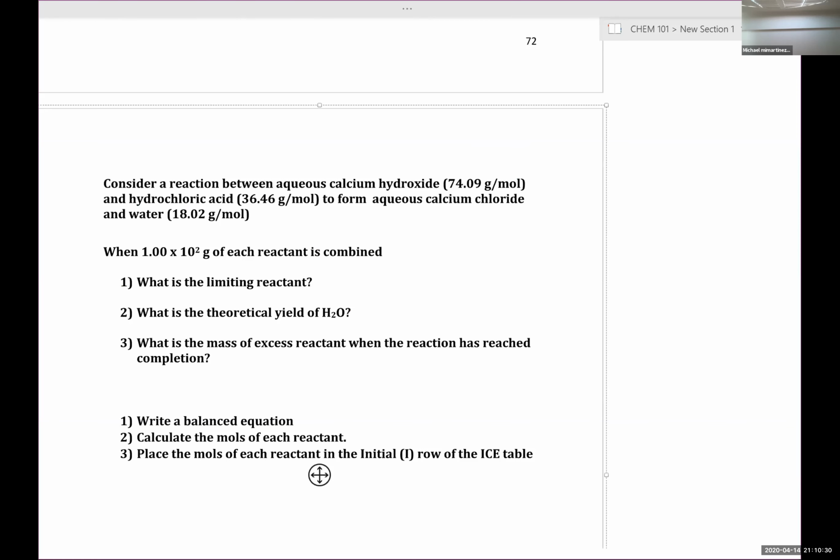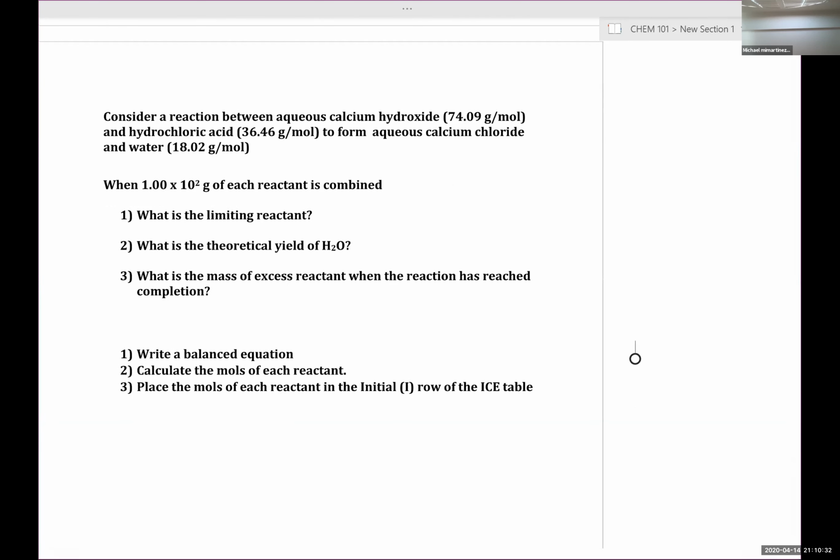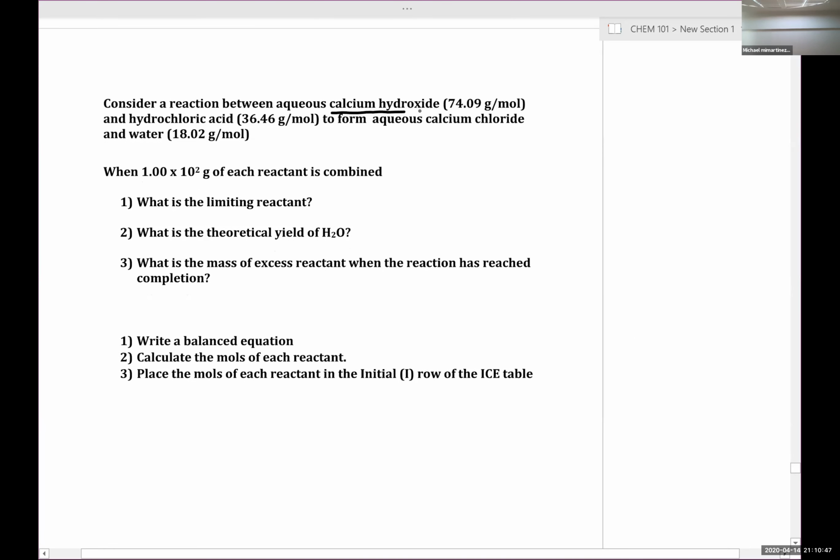Okay, so let's do an example of a relatively complicated exam problem. This will be the last problem that we'll be working on today for this session. So let's consider a reaction between calcium hydroxide and hydrochloric acid to form aqueous calcium chloride and water.